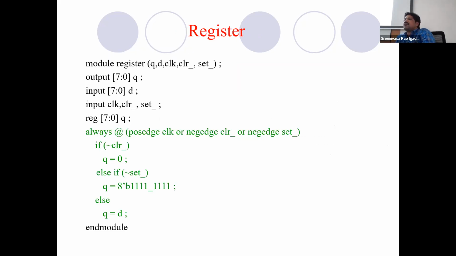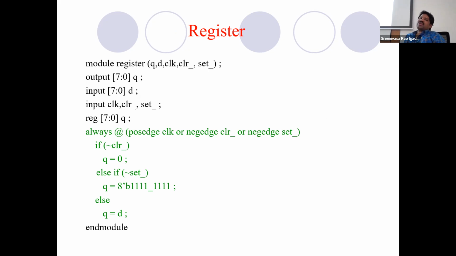Yeah, those are the flip-flops, D and JK and T. Now I already told you, you can implement that register with the D flip-flop, or without it, you can directly implement it by using the behavior. There is a register.